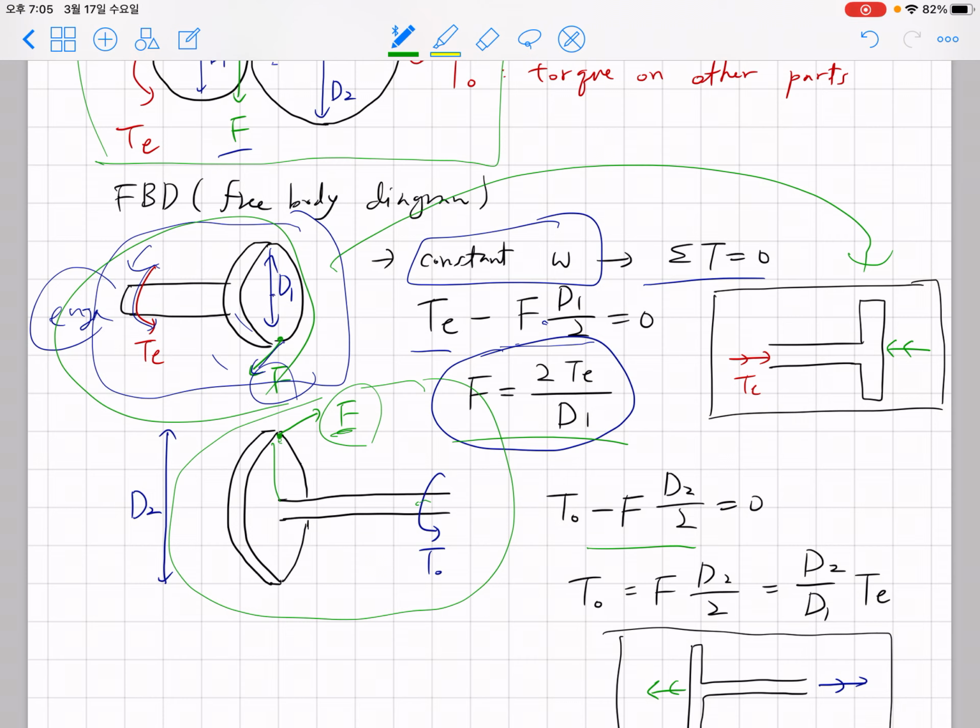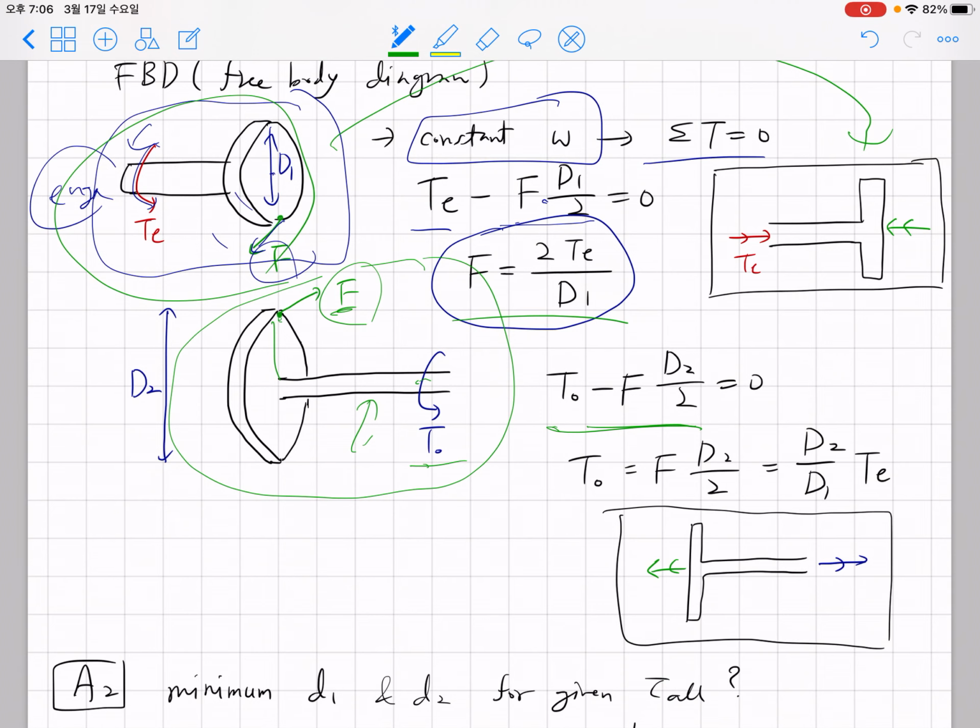There is always the action and reaction principle, and let's say that this torque is T0. Okay, then T0 minus F D2 over 2 must be 0 to make the angular velocity of the shaft constant. Then we obtain that the torque exerted on the other parts of the car must be the same as F times D2 over 2.